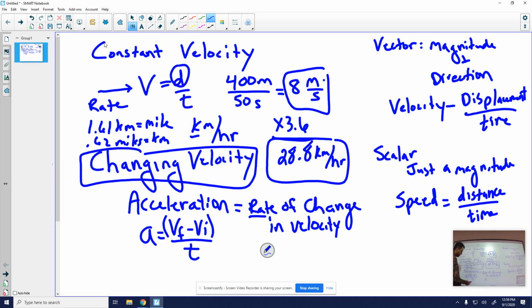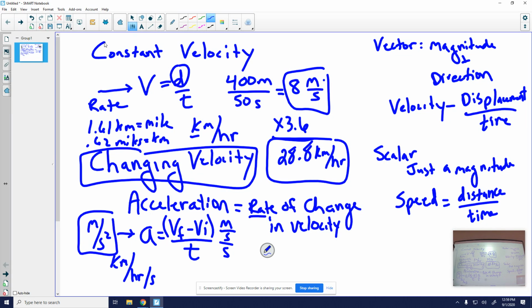So notice the units here on this. The change in velocity is going to be measured in meters per second, and then we're going to divide that by seconds. So it's meters per second, which we're going to call meters per second squared. Every now and then you're going to see kilometers per hour per second, but that's kind of ugly. Usually our accelerations will be in meters per second squared.